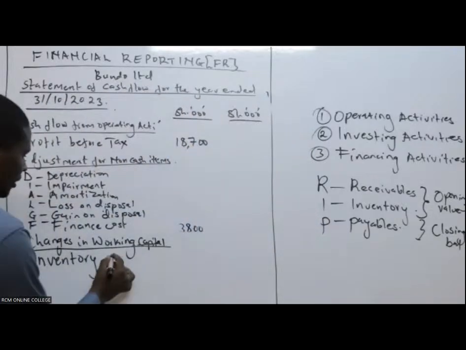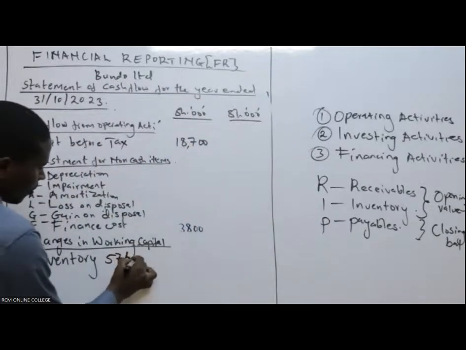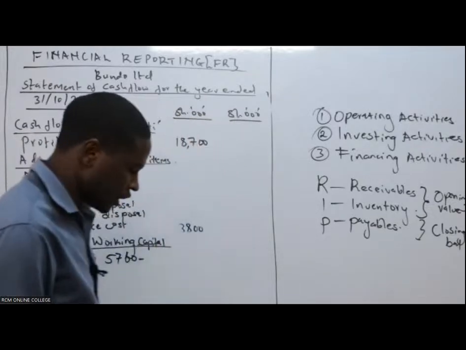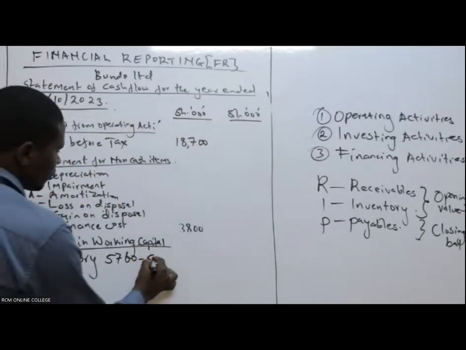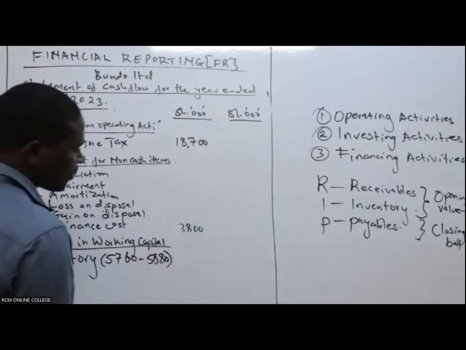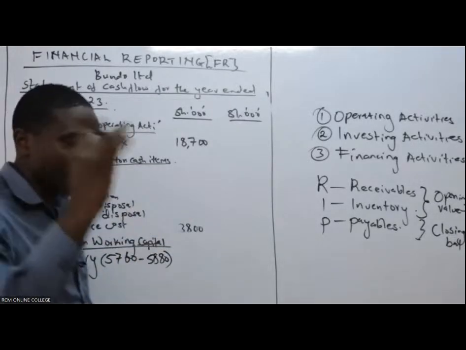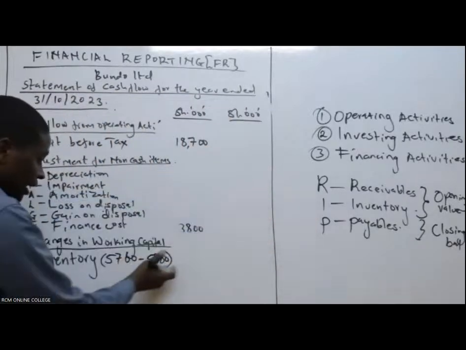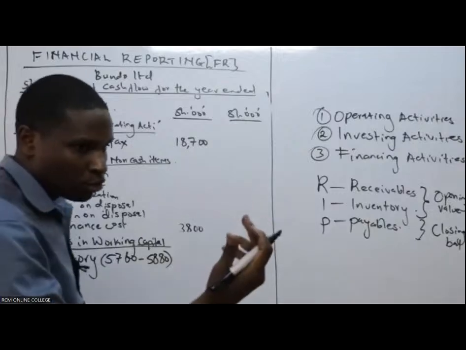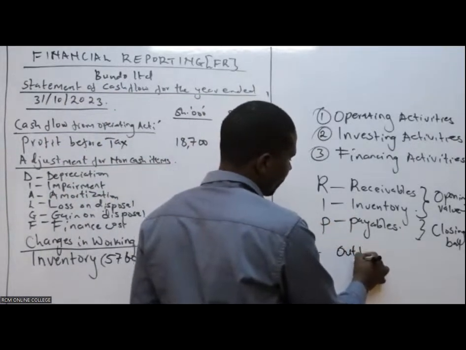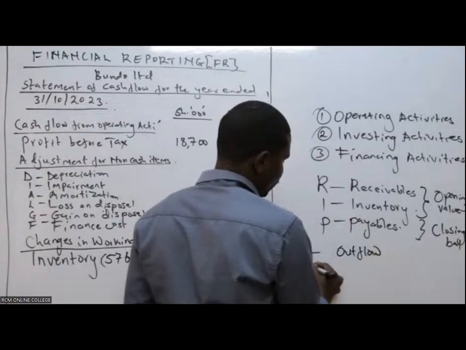So I'll just come here and say 5760 minus my closing balance for inventory, which is 5880. Then you give me the result, and the result must be put the way it is. If you get a negative, put it as a negative, reflecting an outflow. Remember, negative is outflow, positive is inflow.